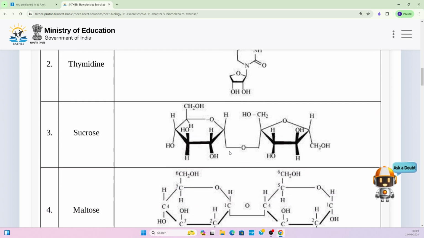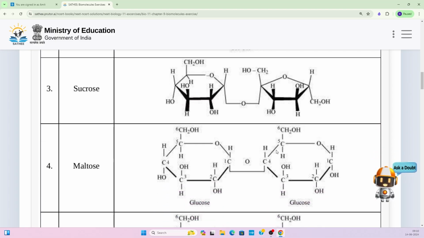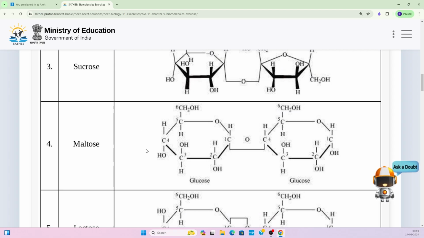And the third one is sucrose. Sucrose is a sweet sugar. It is used for sweetness. Here you can see two sugar monomers unite together to form sucrose: one is glucose and one is fructose.